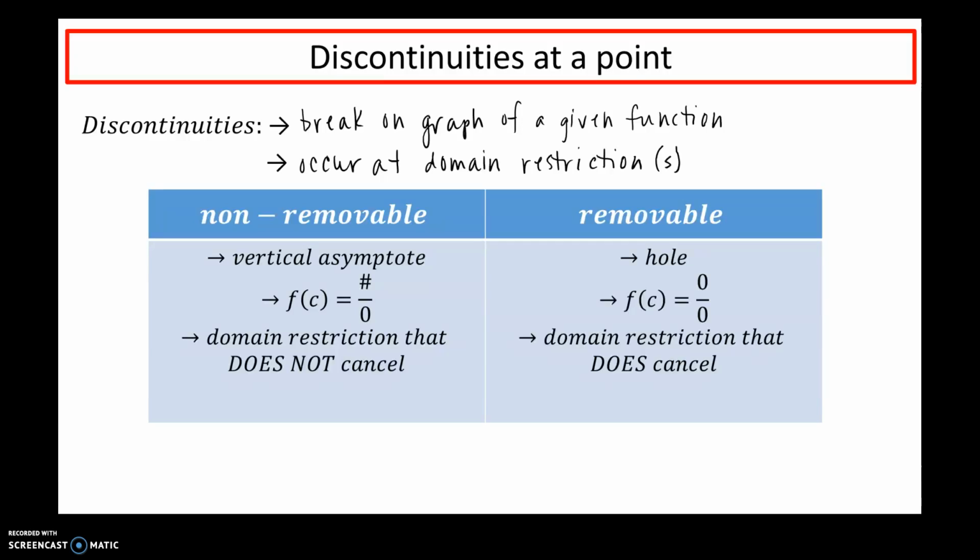Okay, now on the other side, a removable discontinuity, graphically it's going to be a hole on the graph. If it's a domain restriction that I plug into my original, the output would be 0 over 0. And hopefully you recall this is our indeterminate form.